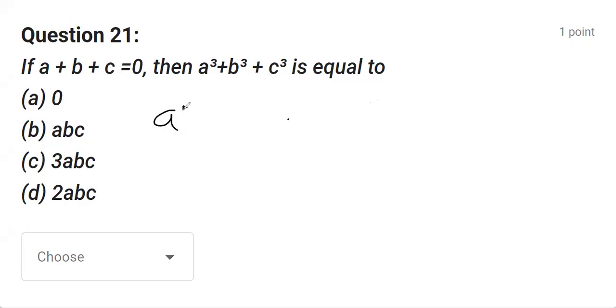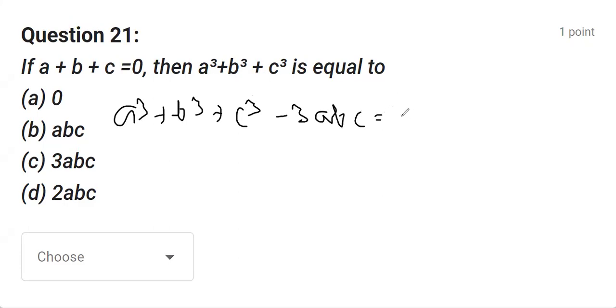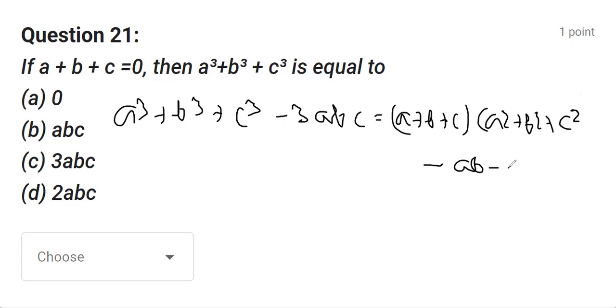Let me write down properly: a cube plus b cube plus c cube minus 3abc. Its expansion is a plus b plus c, multiplied by a square plus b square plus c square minus ab minus bc minus ca.